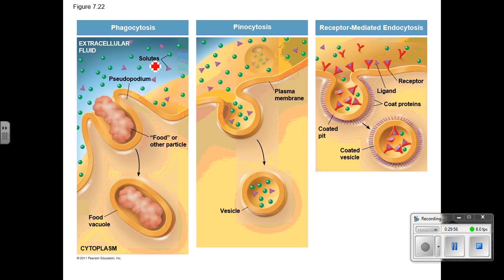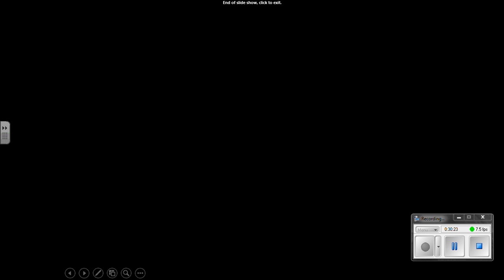So phagocytosis, taking in particulate matter, pinocytosis taking in liquid matter, receptor mediated. Here are receptors, and these molecules must attach to the receptors in order to initiate this vesicle forming on the cell membrane. It's pinched off, and then the particles are inside that vesicle in the cell.